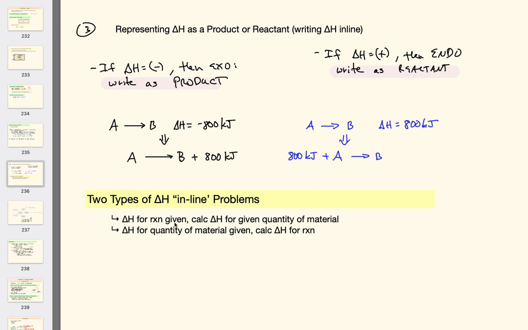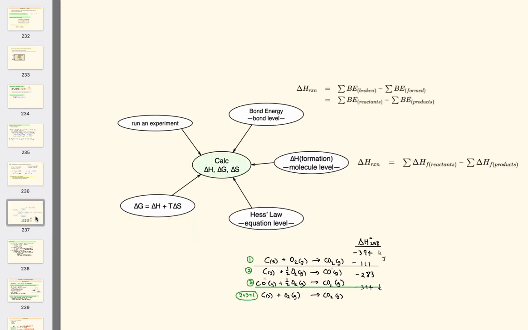Sometimes delta H for a reaction is given, and you calculate delta H for a particular quantity of material. And sometimes the quantity of material is given, and you calculate delta H for the whole reaction. Okay, and that'll become hopefully clearer in a couple of minutes when we work a problem.